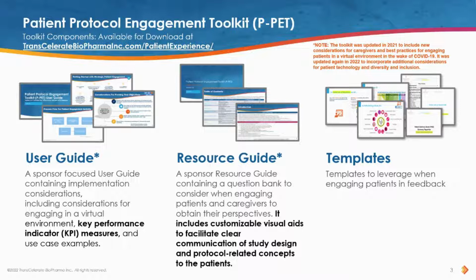The pipette user guide is intended to support sponsors in understanding the value and in implementing the pipette. Finally, the 7 available pipette templates are intended to support engagement discussions with patients and provide feedback to both the study team and the patient.